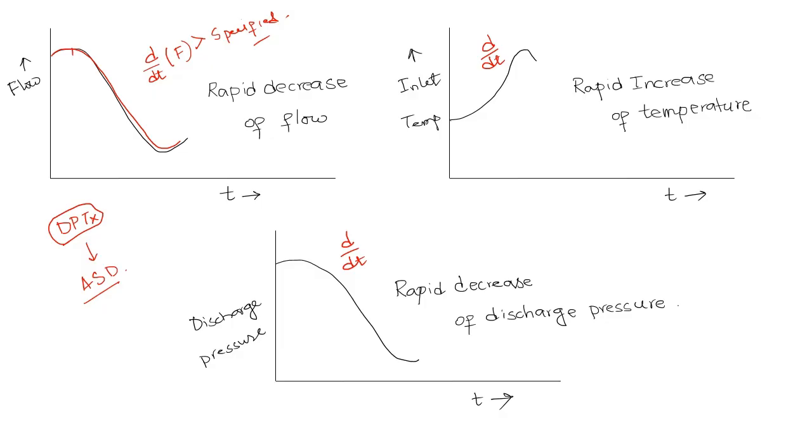Otherwise, this surge cannot be detected. So, what are the various parameters? Obviously, there are three things here. One is response time. Second is your accuracy. And third is your repeatability.